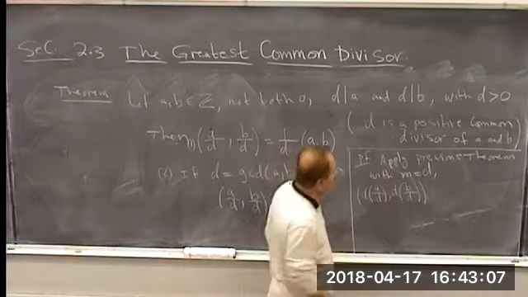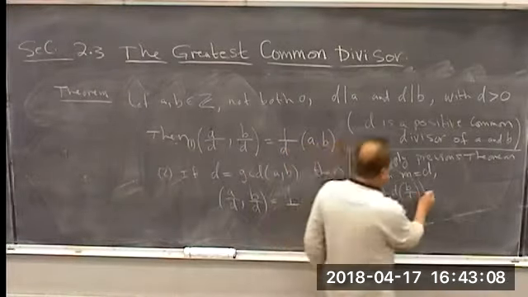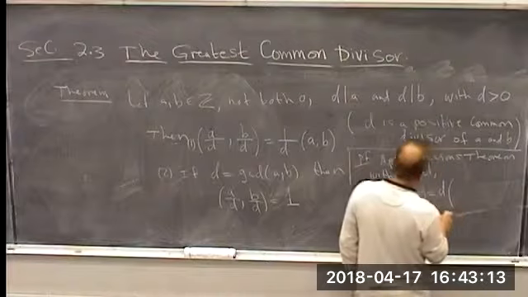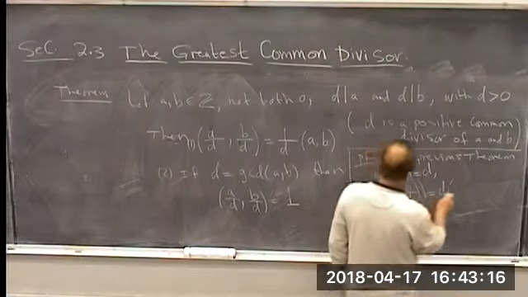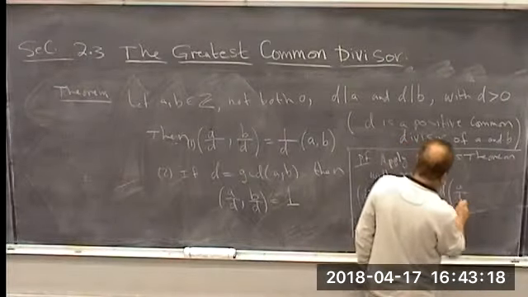So according to the previous theorem, we can take the D out, and then we have left in here A over D, and then B over D.